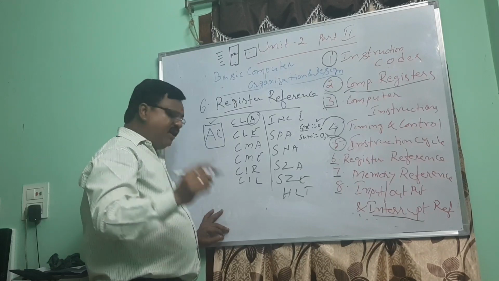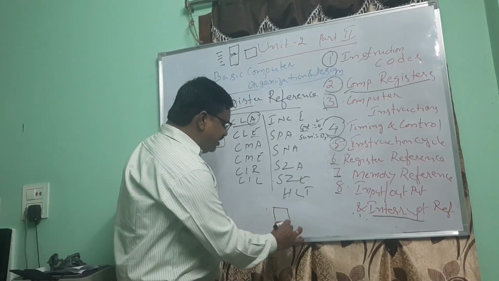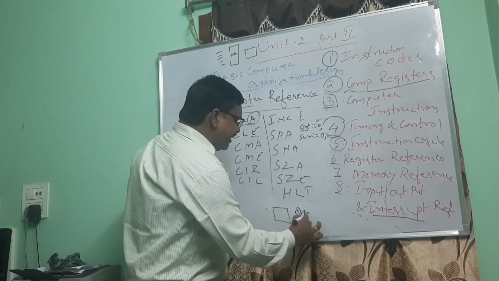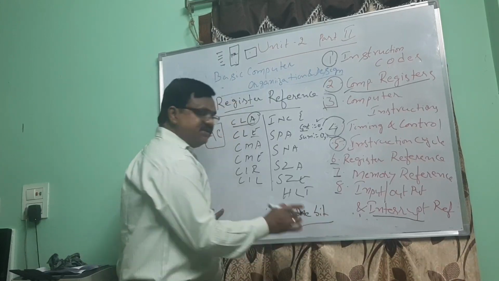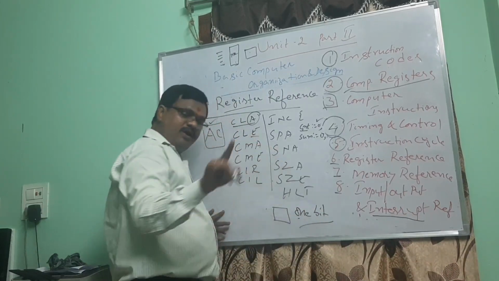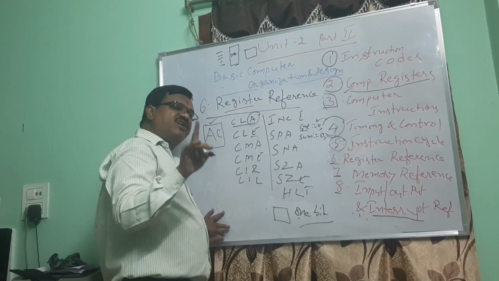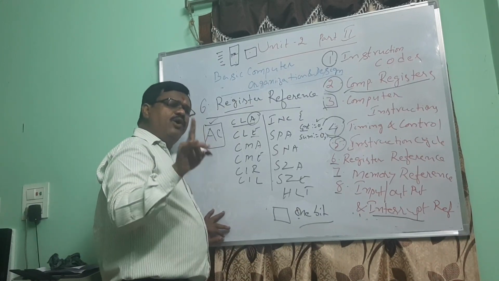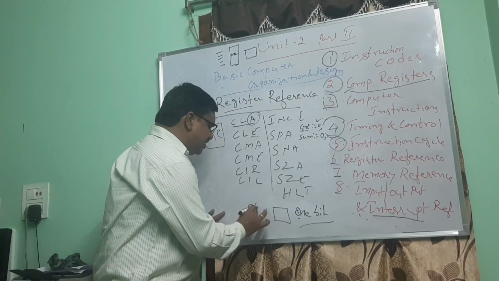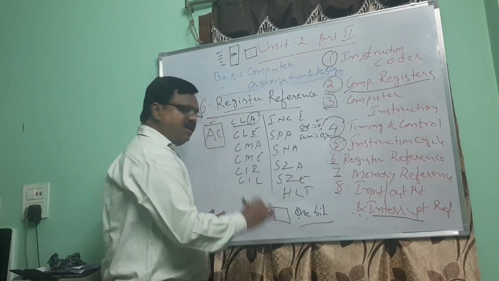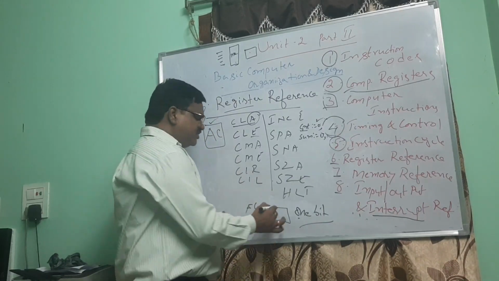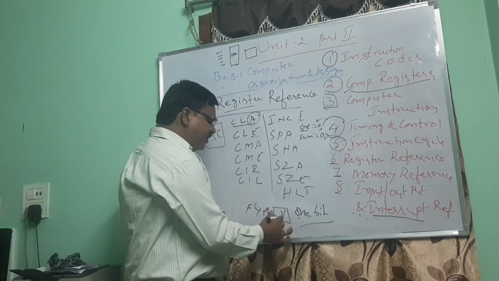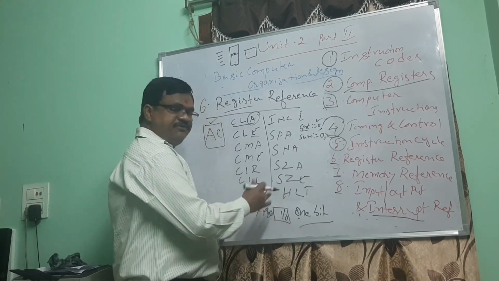What do you mean by a flag bit? A flag is a register of length 1 bit, which holds one bit at a time. You can also call it a flip-flop. It means the value of this flag is either 1 or 0.